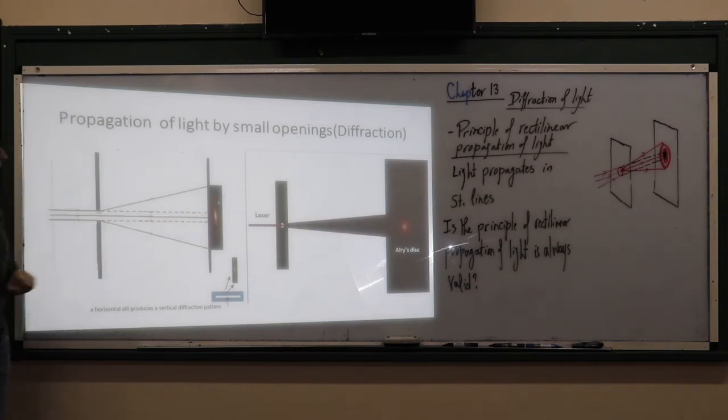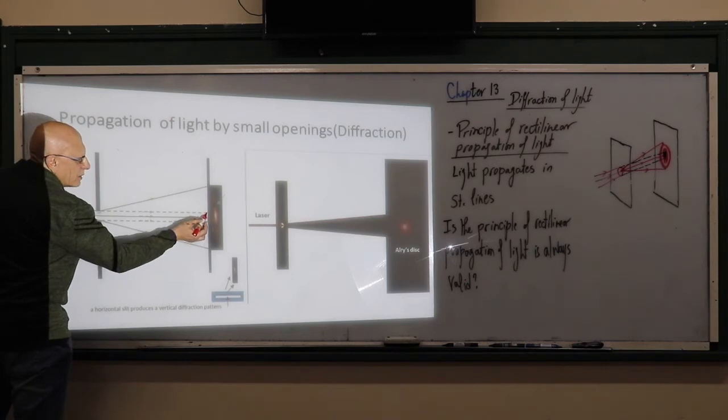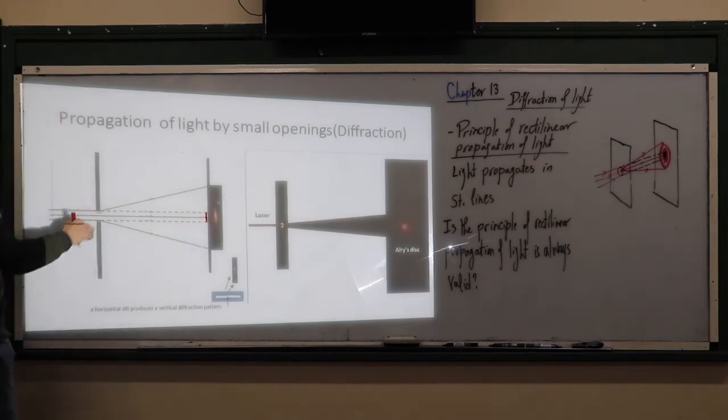than the central one. Also here, if we want to apply the principle of rectilinear propagation of light, light propagates in straight lines, you are going to obtain a spot of the same width as the slit here.